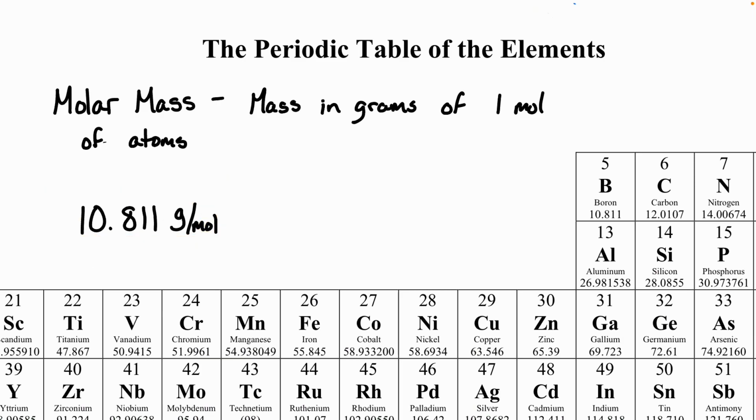Importantly though, when we use this in our math, we're going to take this and turn it into something that looks more like one of our conversion factors. Okay, what we're going to do is stack these units. We're going to separate them out, where we put our 10.811 grams, and I'm going to be good and keep track of who I'm talking about. This is for boron, right?